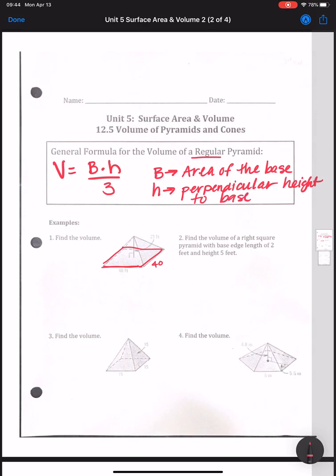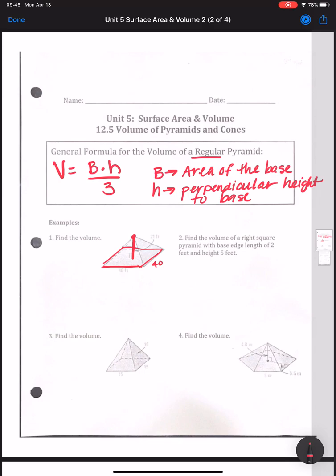And you might be saying, Miss Streets, what in the world are you talking about? Perpendicular to the base. So this right here is our height. It also goes up here to that top point there. So that would be our height.